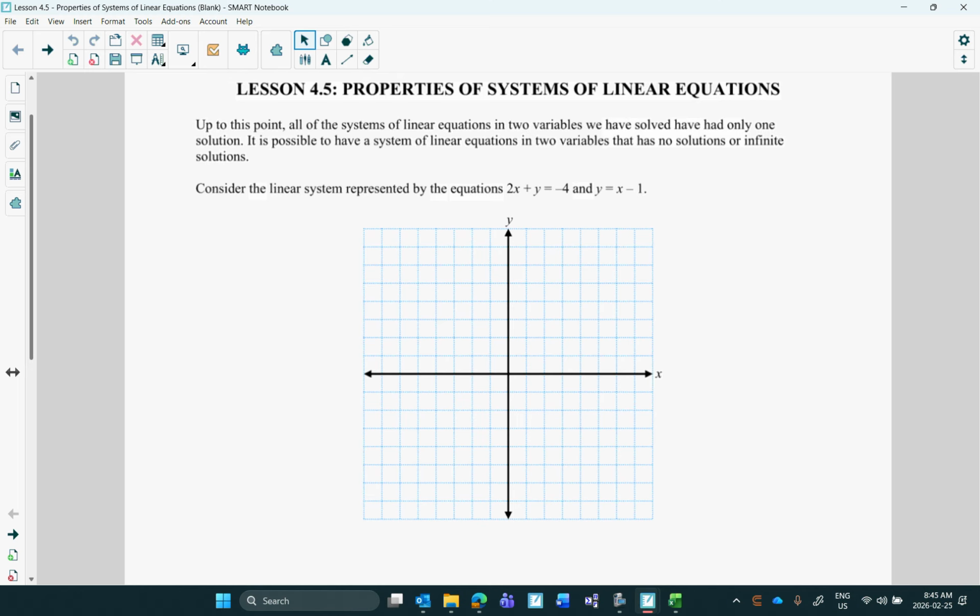So let's say that we were asked to solve this system by graphing. This is good review. So let's graph each one of these. You guys should be getting more and more comfortable with graphs now.